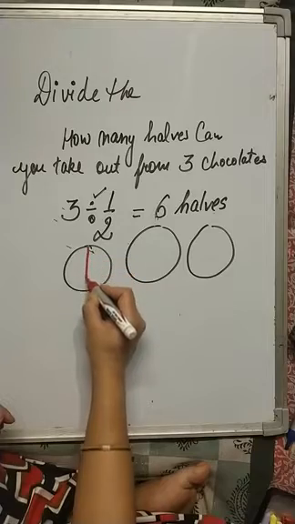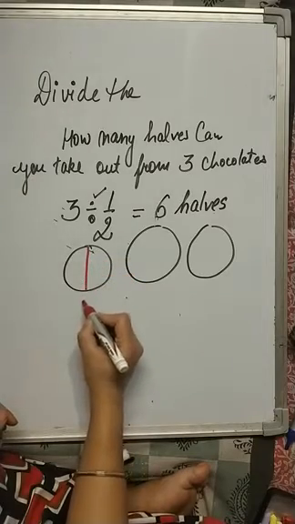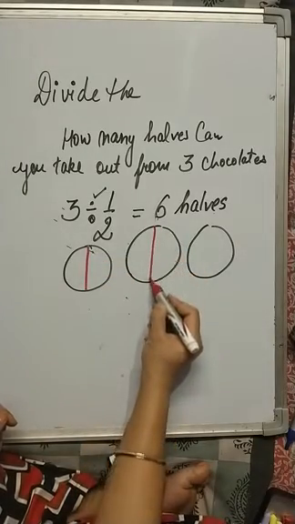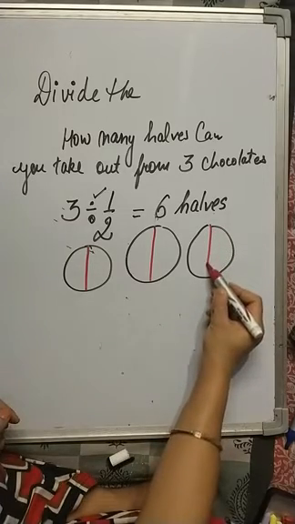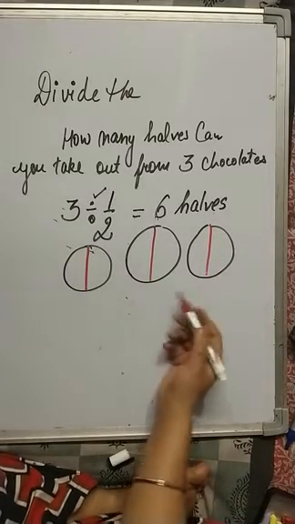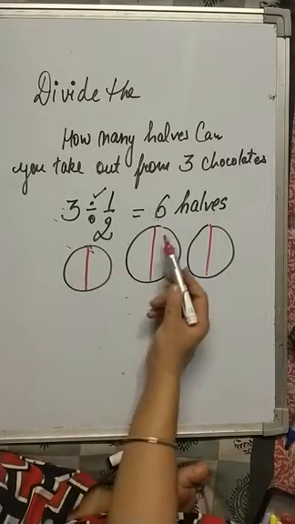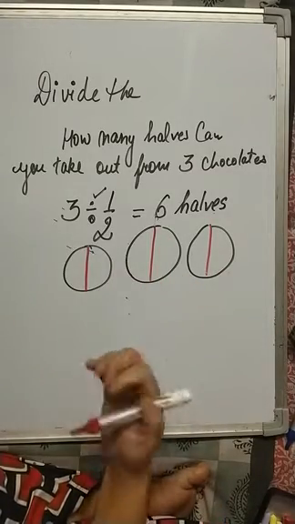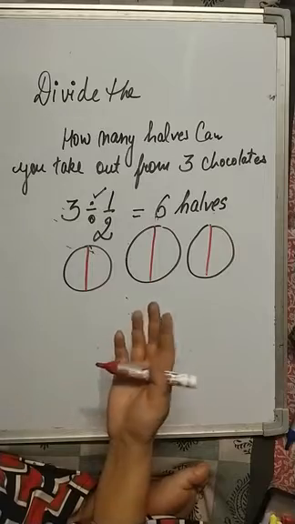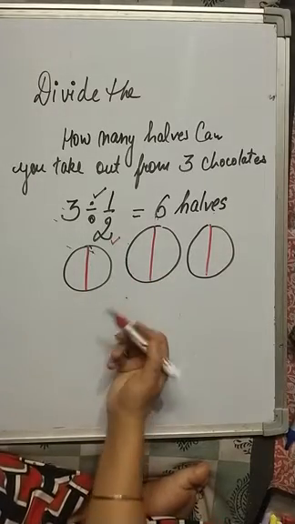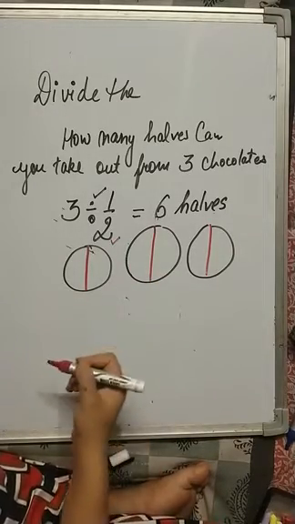So if I do half, there are 2 halves, 2 more halves, 2 more halves. So how many halves are there? 6 halves. So here you need to think how many halves we can take out. This shows the number which we have to take out.